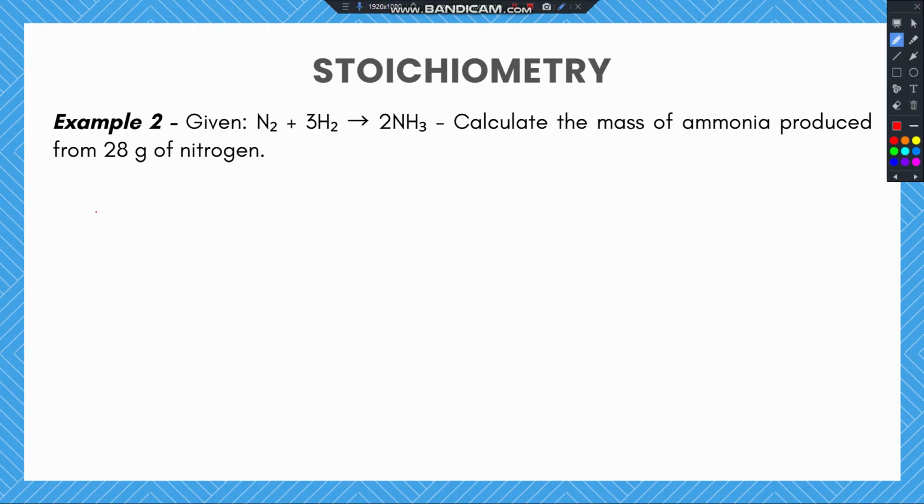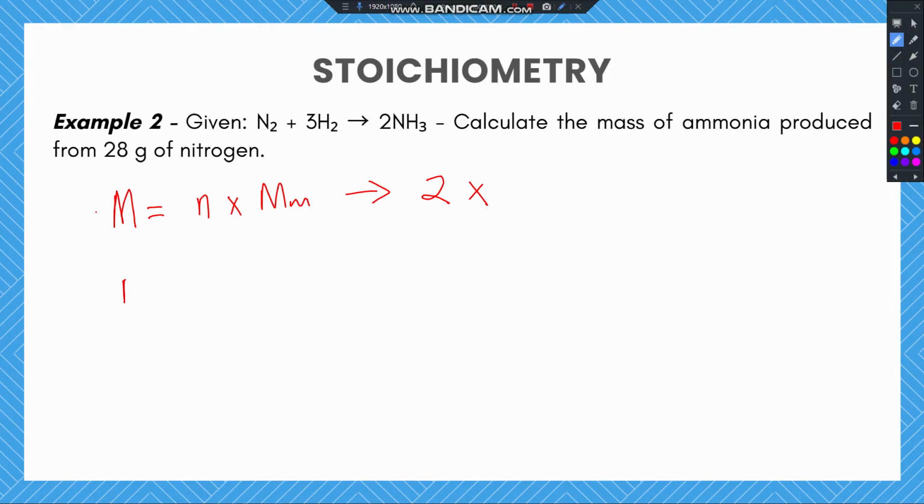And we know that the mass of a substance is equal to the number of moles multiplied by its molecular mass. So let's go ahead and apply this to get the answer. The number of moles of nitrogen was calculated to be 2, multiplied by the molecular mass of ammonia.